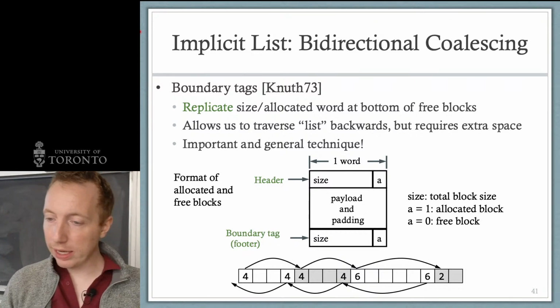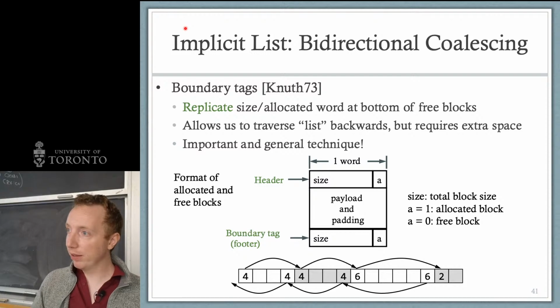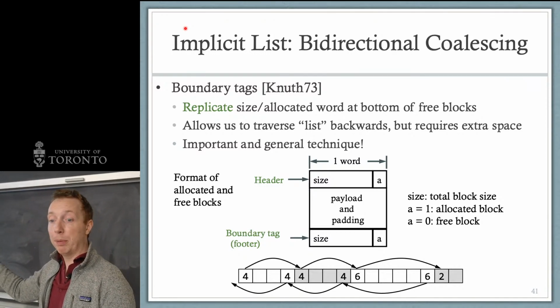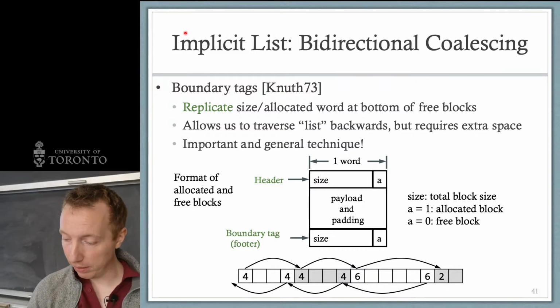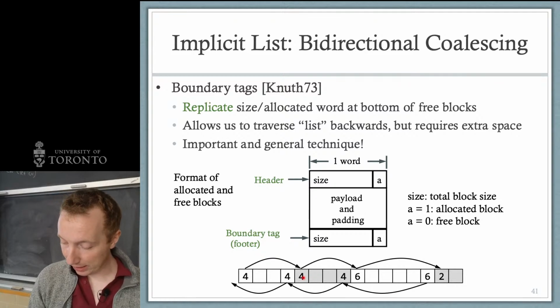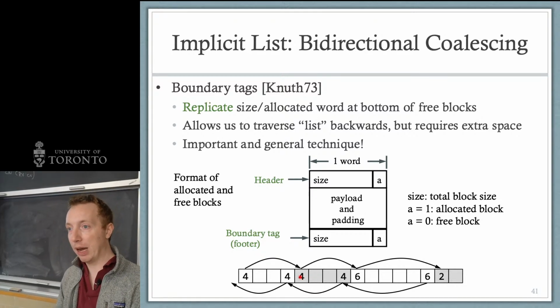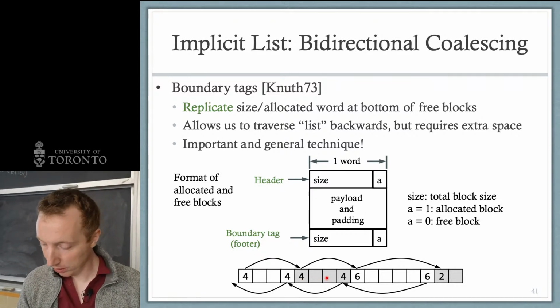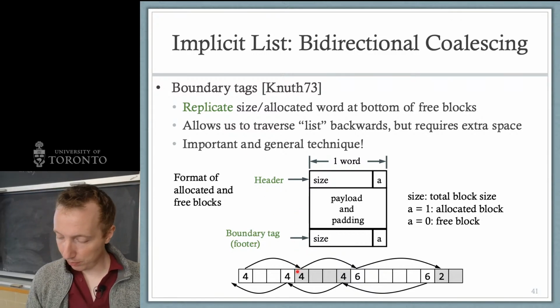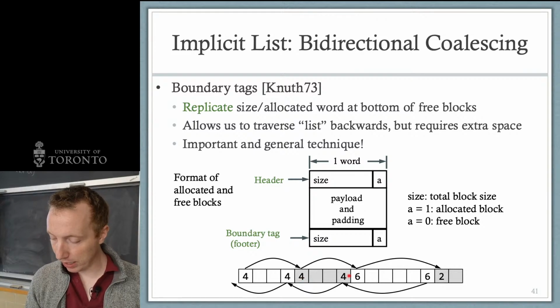Since it's an implicit list where they just use the size to jump forward, what they do is replicate that size at the end of the free blocks, and that tells us how many blocks to go backwards. So now, like a doubly linked list, we can traverse the list backwards. We put the size at the beginning and at the end.